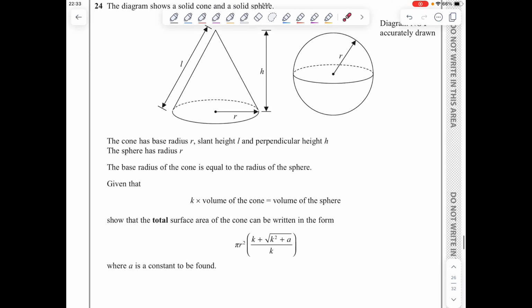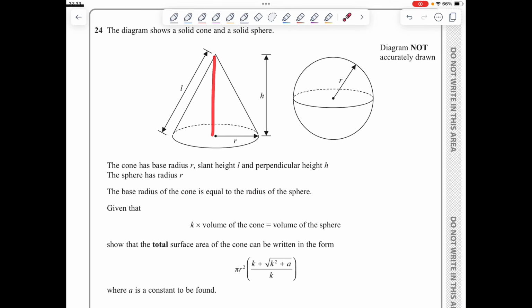Now, if I go to my shape, I can construct a right angle triangle here. So I can use Pythagoras' theorem and say L squared is equal to r squared plus h squared, but I shouldn't have h in my final answer. So in order to get an expression for h in terms of r and K, I'll have to use what I'm given: K times the volume of the cone equals the volume of the sphere.